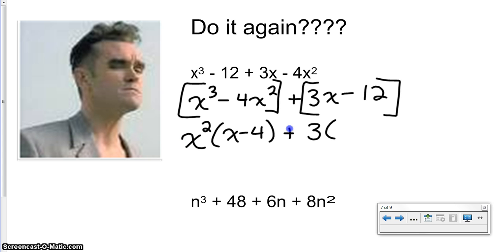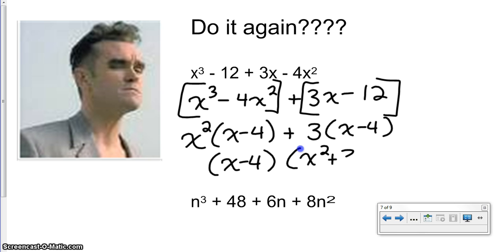Let's remove. Common binomial factor. Yeah, betcha. Remaining sum as a factor. As Regis Philbin says, that is my final answer. You go ahead and try this one. Don't forget, put it in standard form.